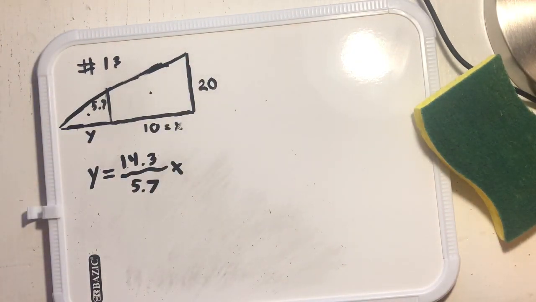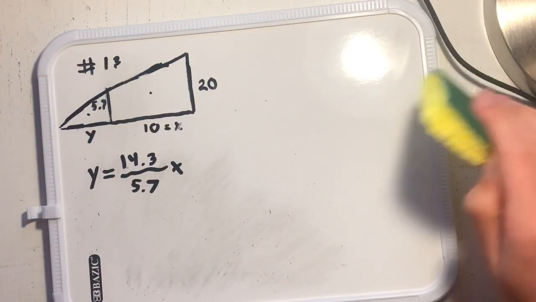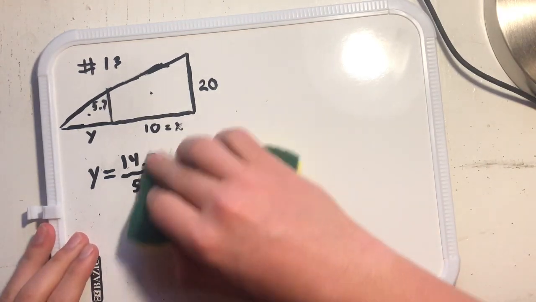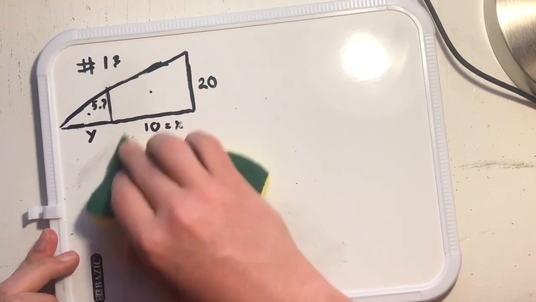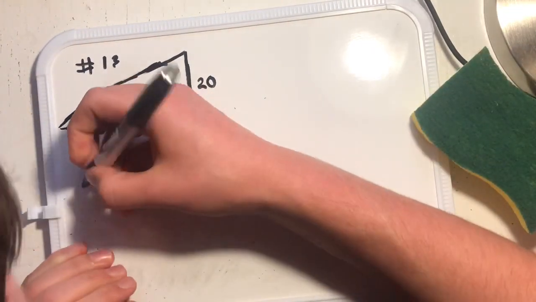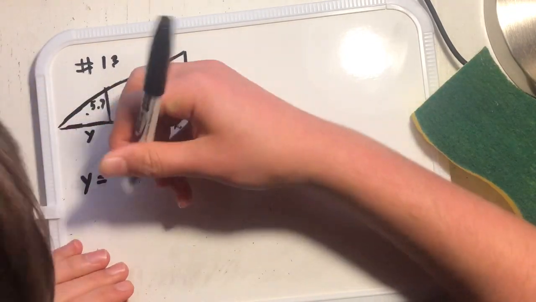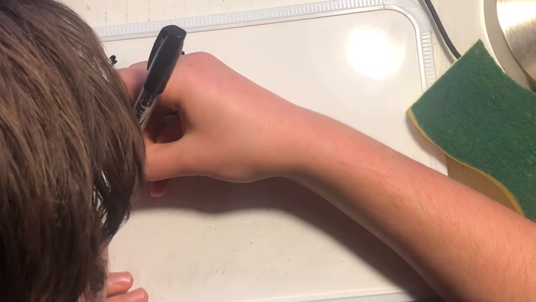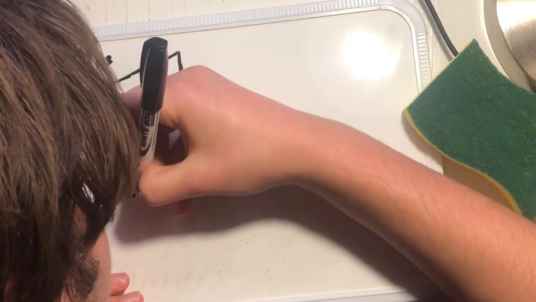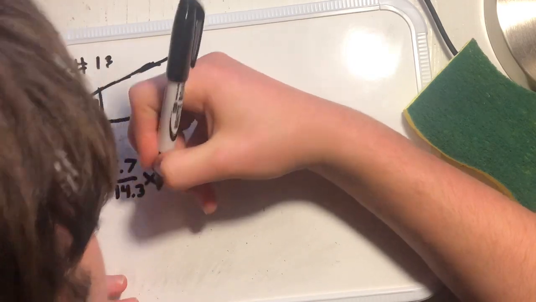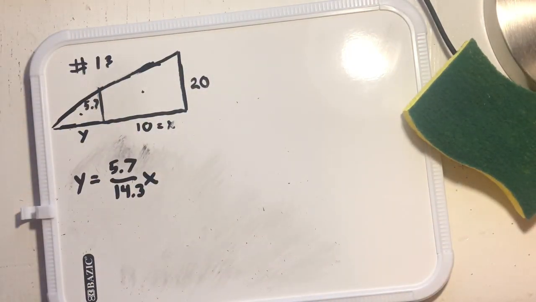Oops, sorry about that, other way around. y equals 5.7 over 14.3 x. Okay.